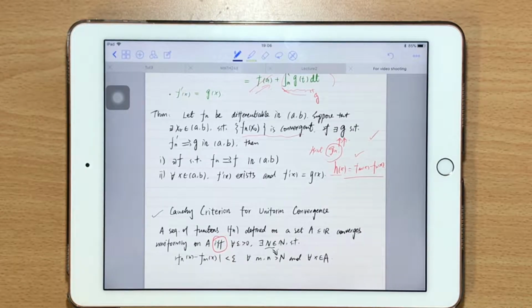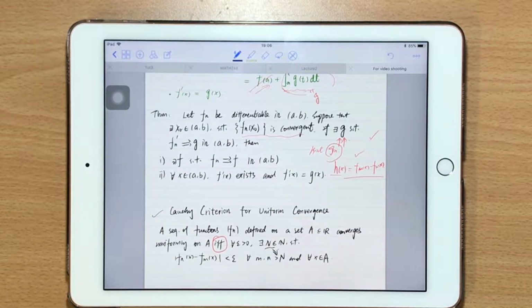And of course, it will satisfy the inequality. So we first produce a candidate for the limit function, and then we will prove that the sequence of functions is actually converging to that candidate function.